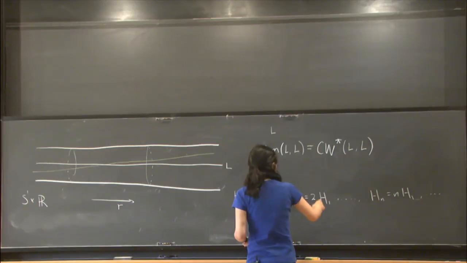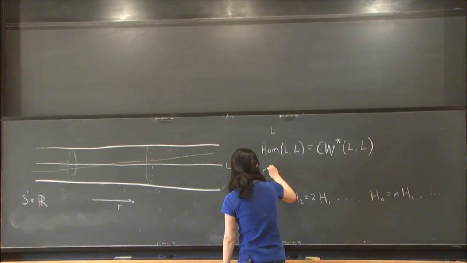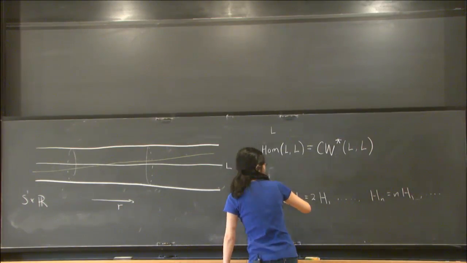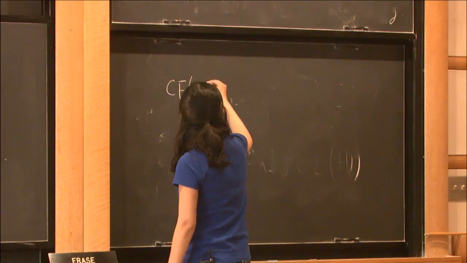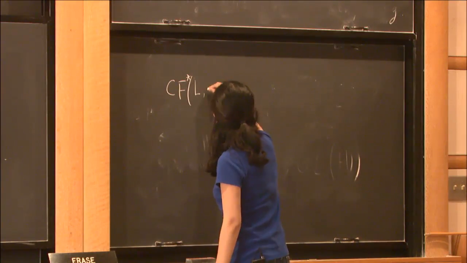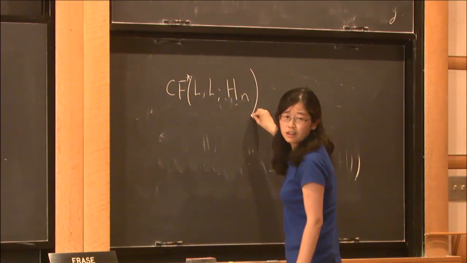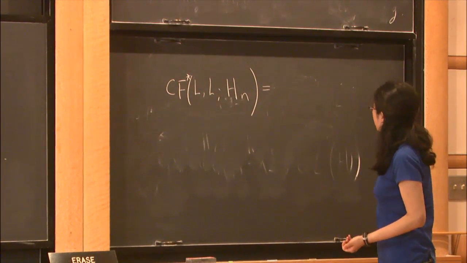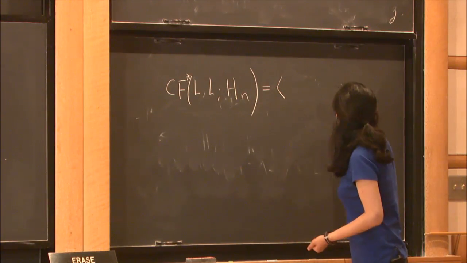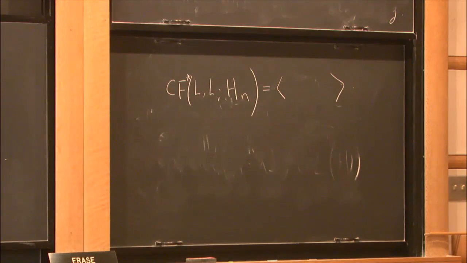Once we have this Hamiltonian, we can define an ordinary Floer cohomology complex perturbed by this Hn. This is a vector space with some generators.